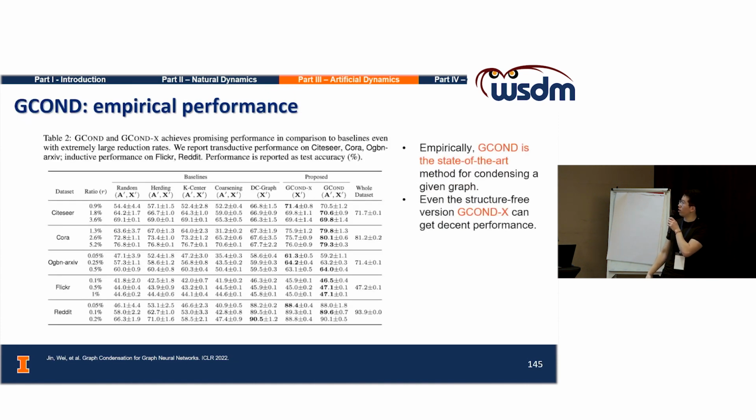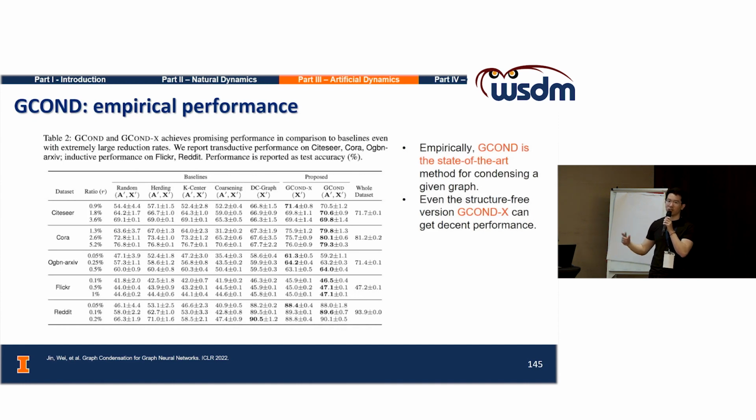So here is the empirical performance. The authors find that in terms of the graph condensation task, GNN can get state-of-the-art performance compared with some baselines. At the time this paper was published, previous work tried to shrink the size of the graph dataset heuristic-based.